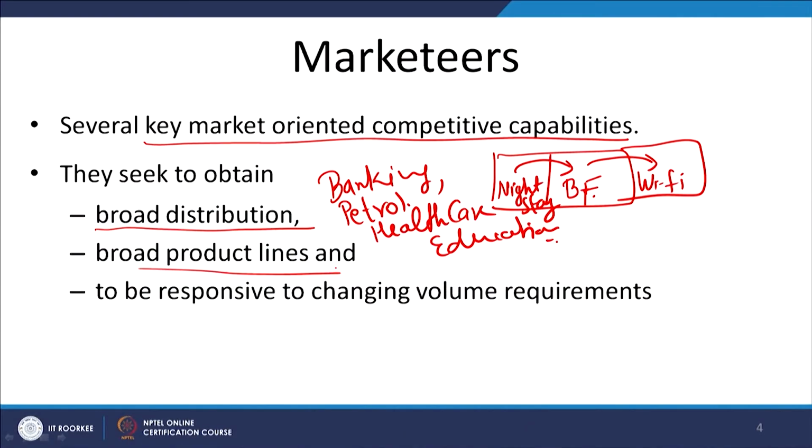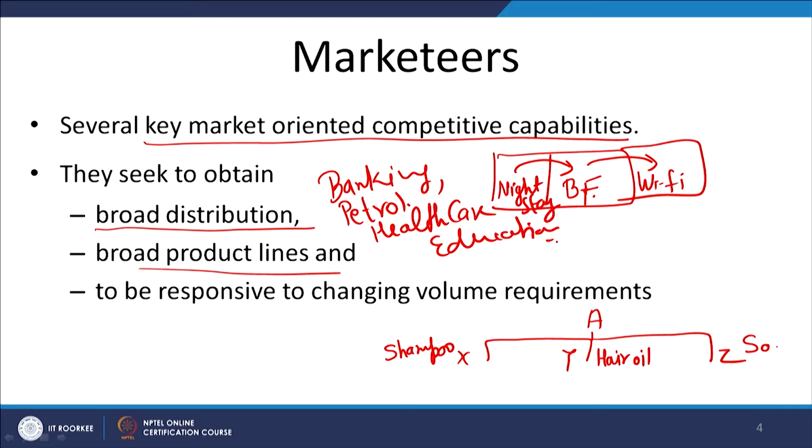Now, just to explain what we mean by product lines. When there is a company A, and company A is offering 3 different types of products X, Y, Z. So, if X is, let us say, shampoo, Y is hair oil, and Z is soap, these are 3 different types of products.